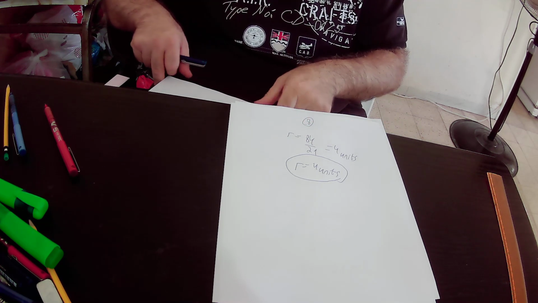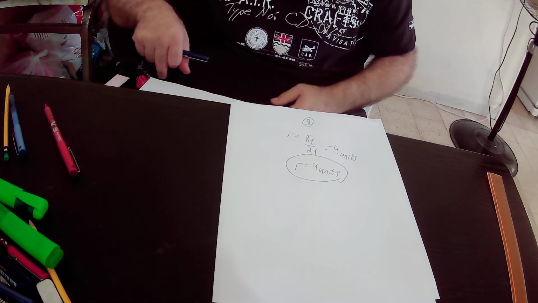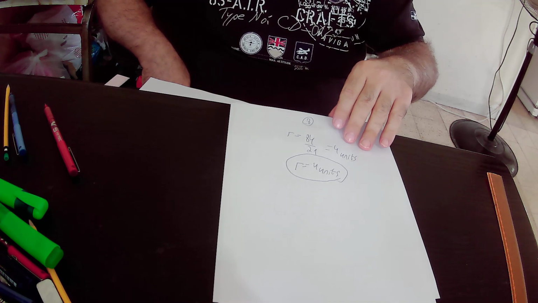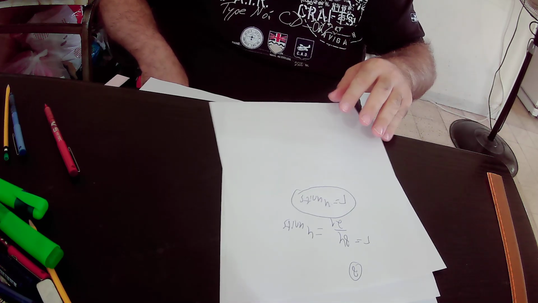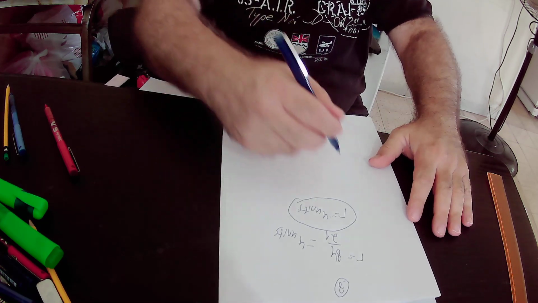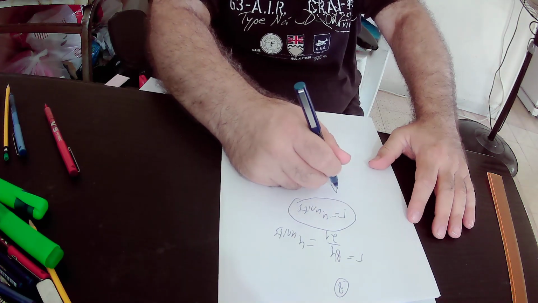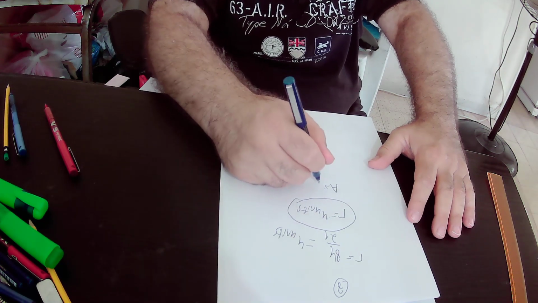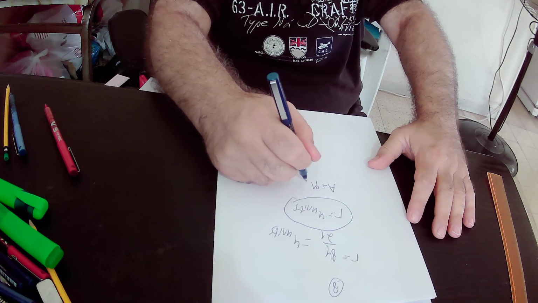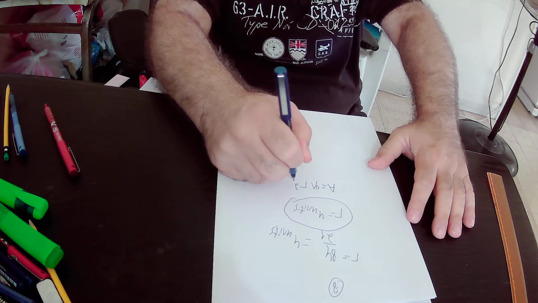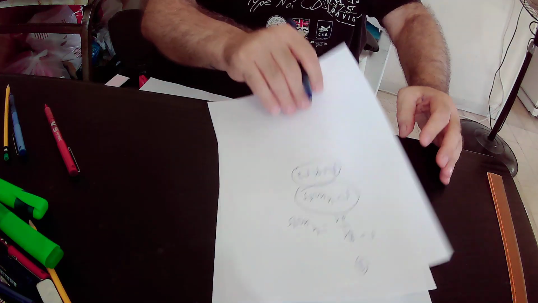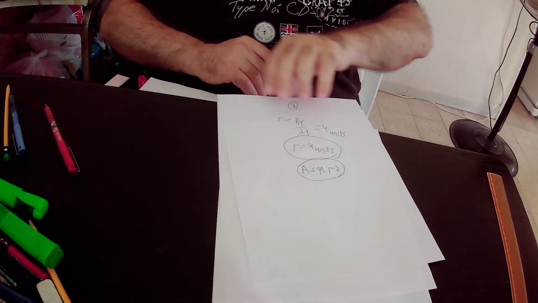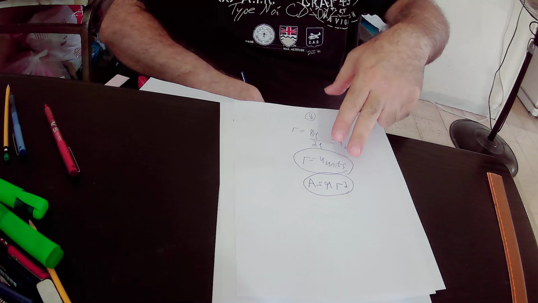After we know the value of the radius, it is very easy to find out the area of the green circle. The area of any circle equals pi times the radius of that circle squared. The formula for the area of any circle equals pi times the radius squared.